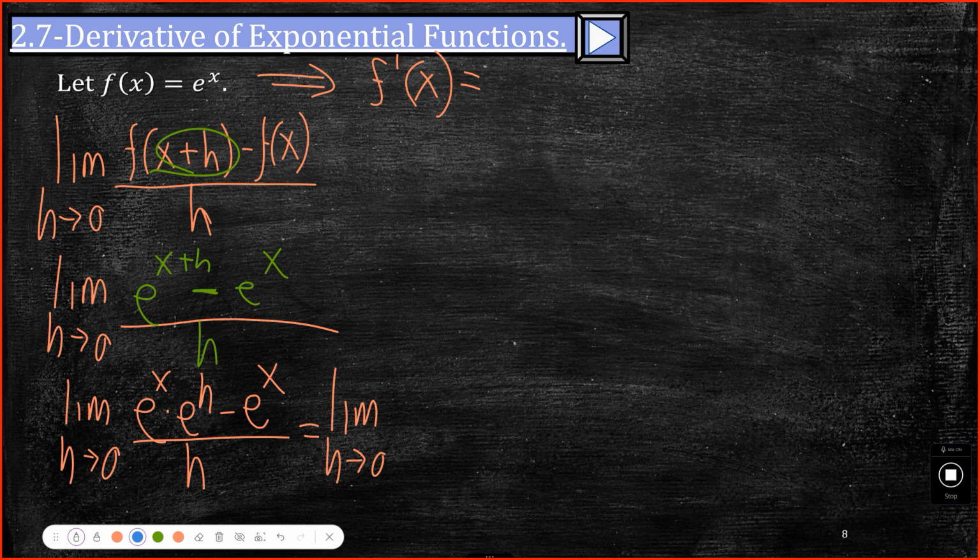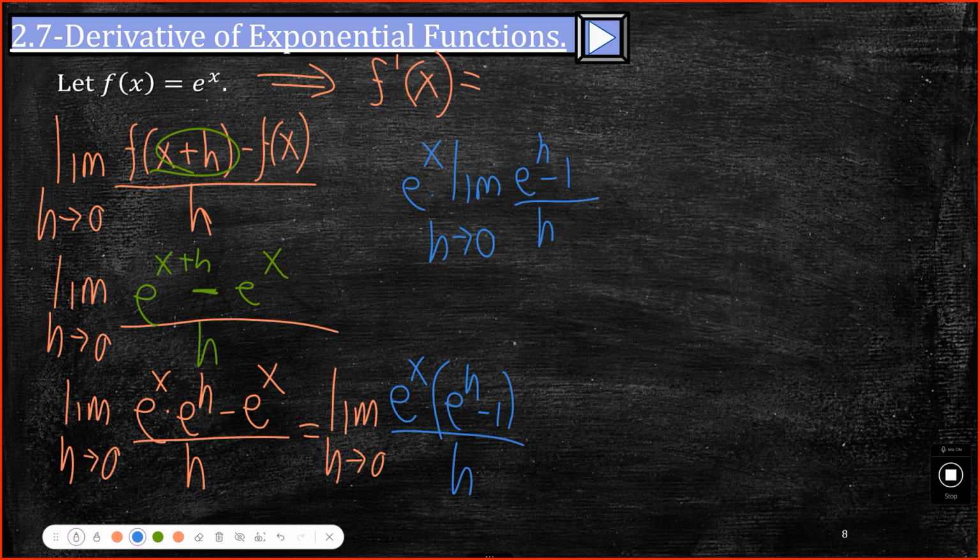Factor out e to the x. And because again, like I said in the proof of sine, as h approaches 0, that e to the x just becomes a constant. So then I have e to the x outside, times the limit as h approaches 0 of e to the h minus 1 over h.